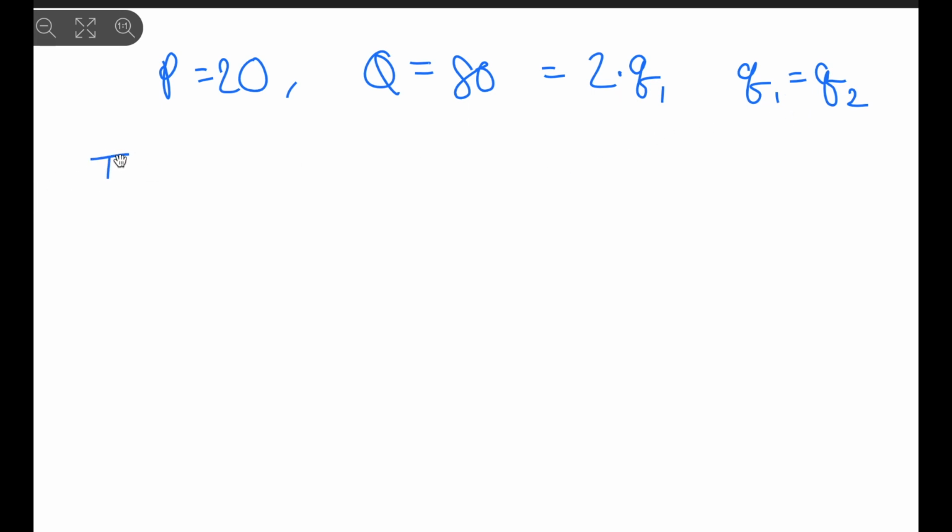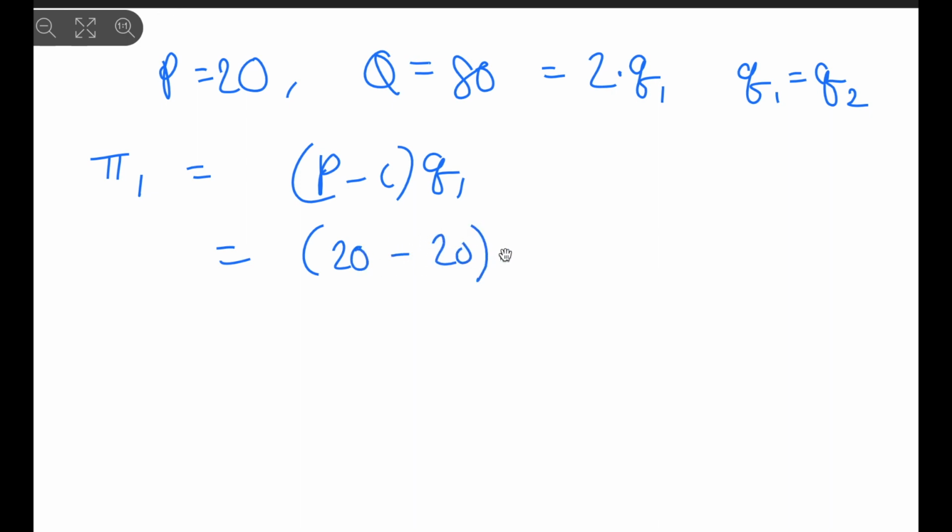So what is the profit for farm 1? That is P minus C times Q1. And what is P? We have equilibrium price at 20 with the cost 20, and the quantity produced is 40. So what we get for the profit of farm 1? $0, right?